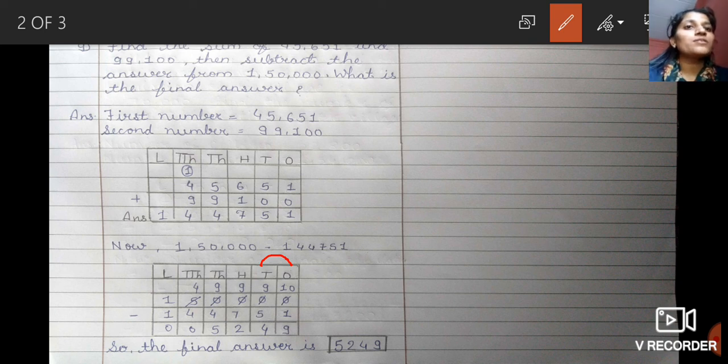Here also we cannot subtract 5 from 0, so we have borrowed from hundreds one number to tens. Here also from 0 we cannot subtract 7, so we have borrowed from 10,000 to 1,000.